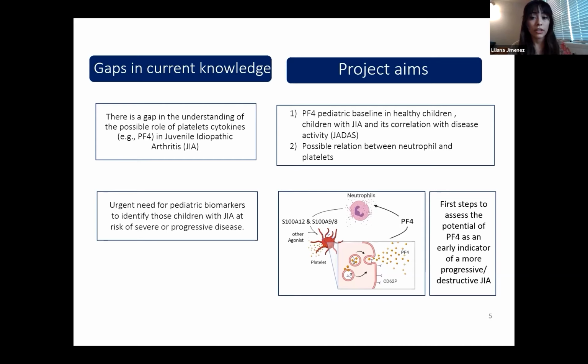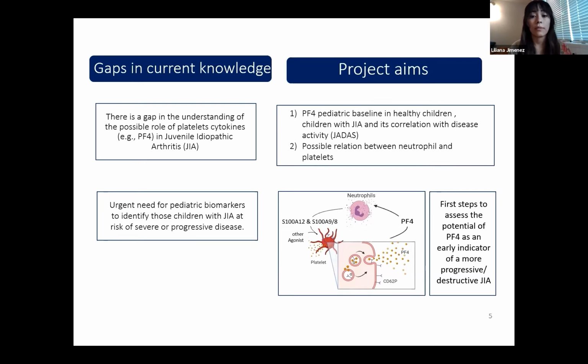Therefore, the aims of my project are to establish the first pediatric PF4 baseline in healthy children and compare the levels of PF4 to JIA patients during the active and the inactive stage of JIA, and also evaluate a possible correlation between the measurements of disease activity, using JADAS, and the levels of PF4.